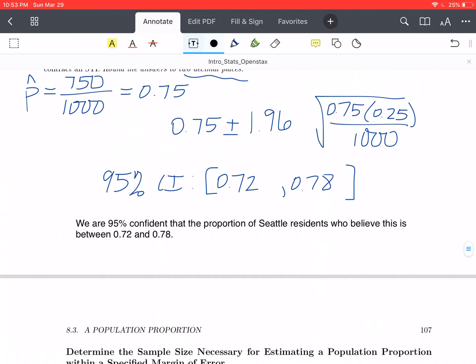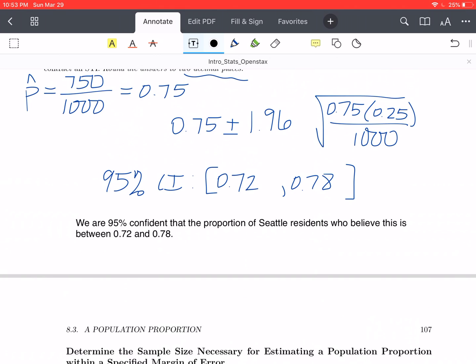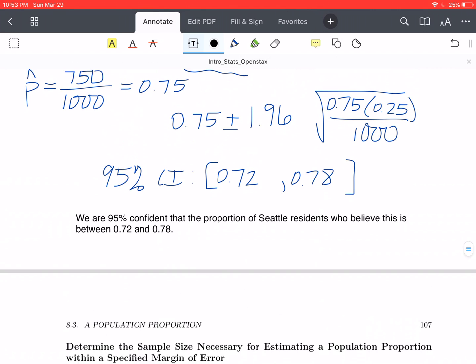So we are 95% confident that the proportion of Seattle residents who believe this is somewhere between 72 and 78% for the entire population, not just for our sample, because the sample we got was 75%.